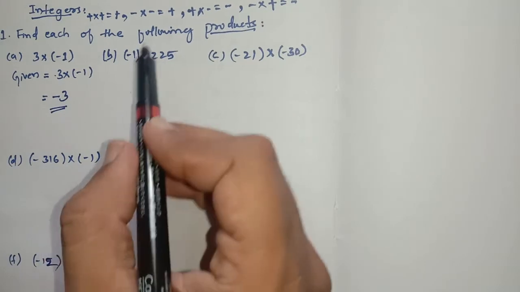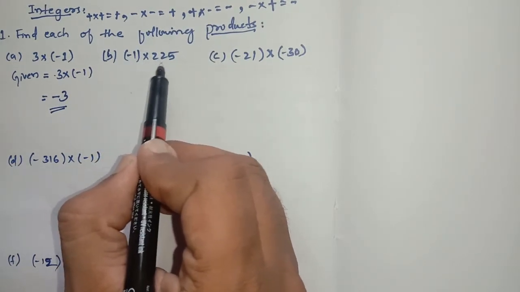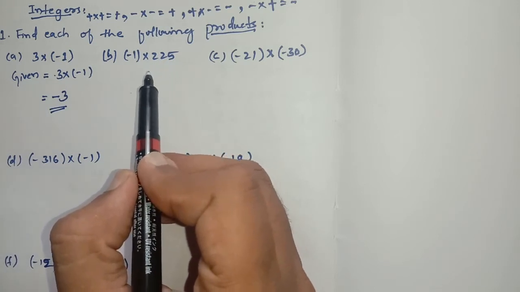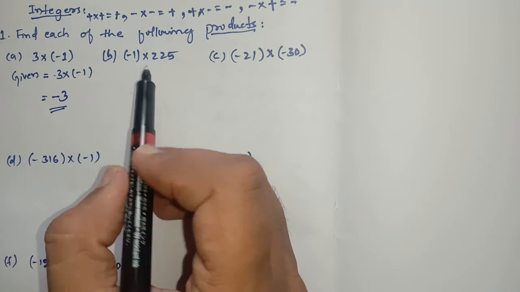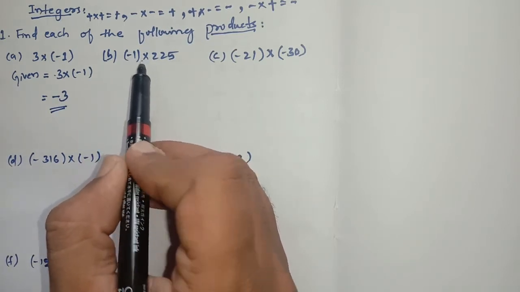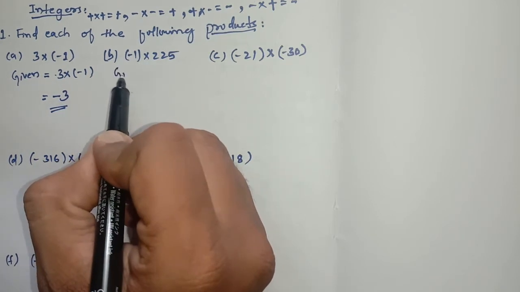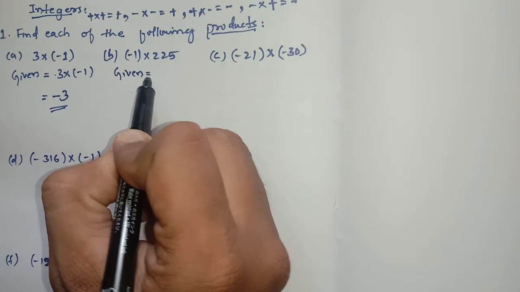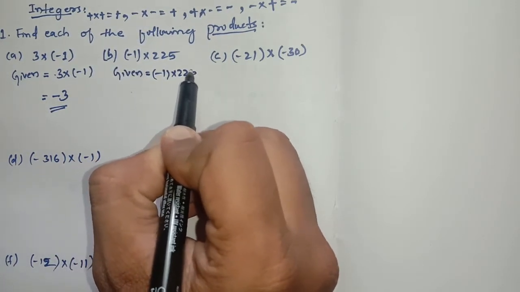Here, minus 1 into plus 225. Sorry for the inconvenience. Minus into this plus sign will be minus. First we'll write the given: minus 1 into 225.